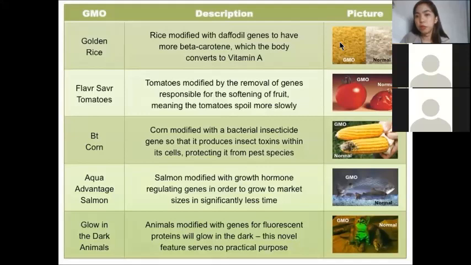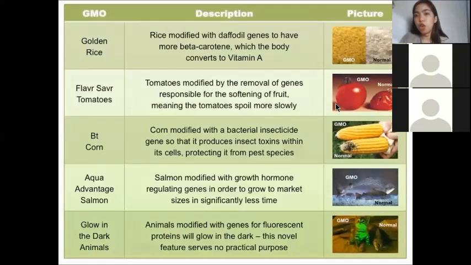Next, tomatoes modified by the removal of genes responsible for the softening of fruit, meaning the tomatoes spoil more slowly. So if you are the consumer, ano yung pipiliin mo? The GMO or the normal?